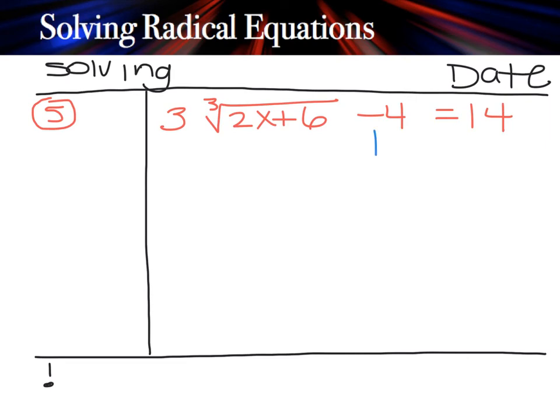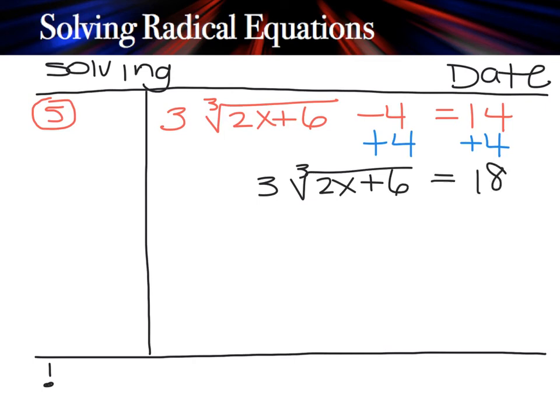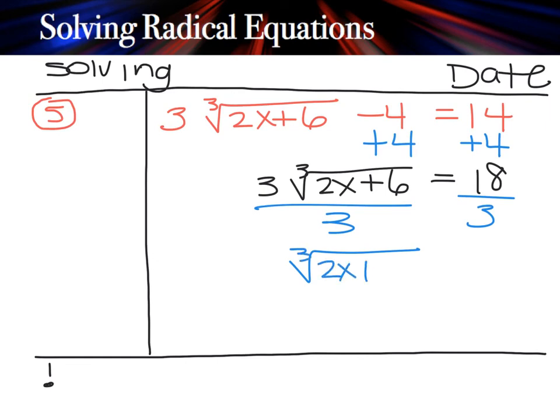To solve it, I'm going to get the radical by itself. So I'll have 3 cube root of 2x plus 6 equals 18. I'm going to divide by 3 on both sides, and that's going to give me cube root of 2x plus 6 equals 6.